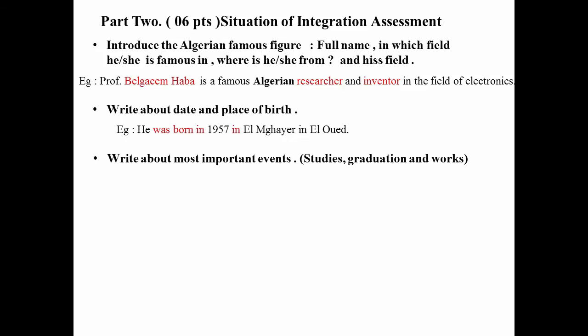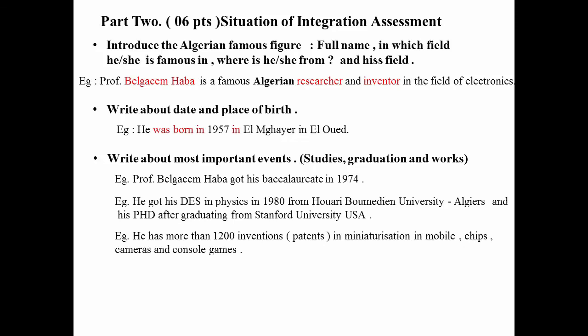Then you can write about the most important events in this personality's life. You may talk about his studies, his graduation, and works. Here is an example about Belgacem Habba. Professor Belgacem Habba got his baccalaureate in 1974, talking about his studies and achievements.